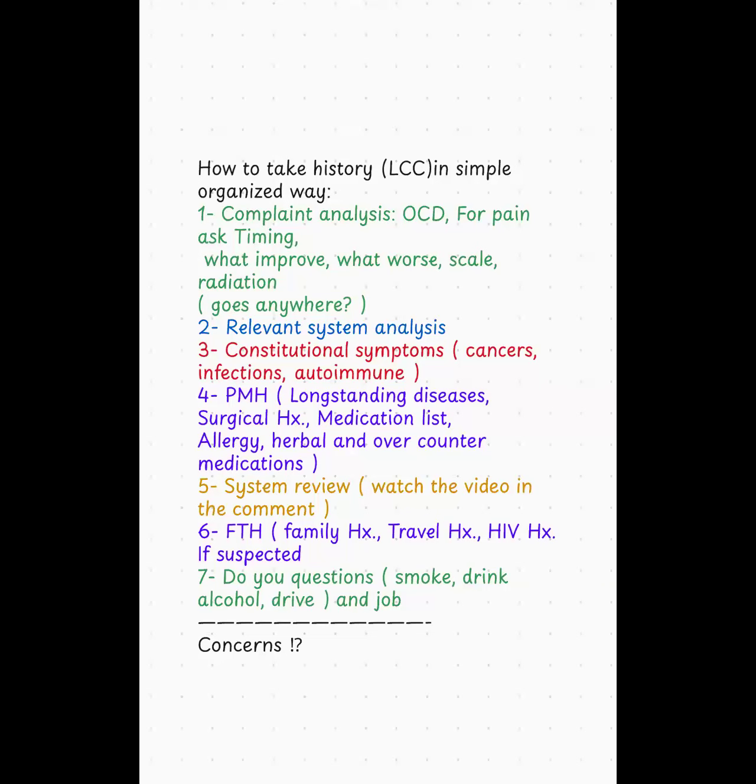The travel history is very important if you suspect something related to a flight, a long flight like PE, or some infections in endemic areas like TB or malaria. You have to take a full travel history if you suspect any of these infections. The last H is for HIV questions.